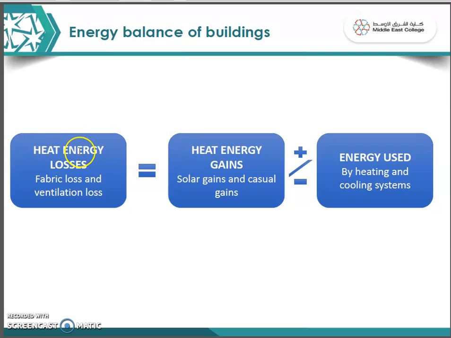Remember this one, you might get a question on this also. The energy used by heating and cooling systems is known as energy used.